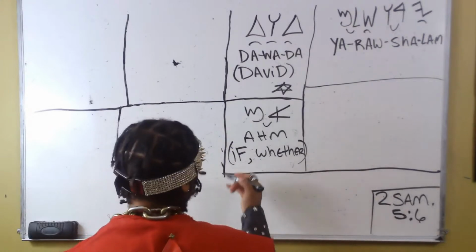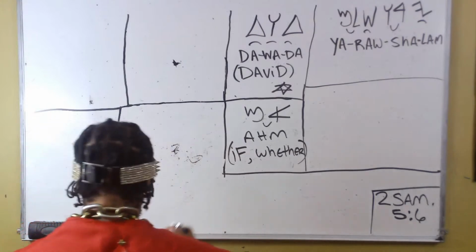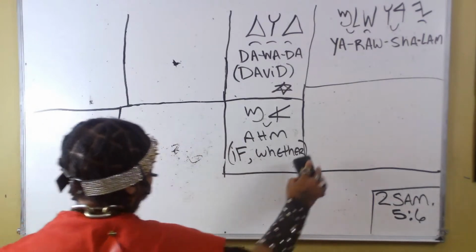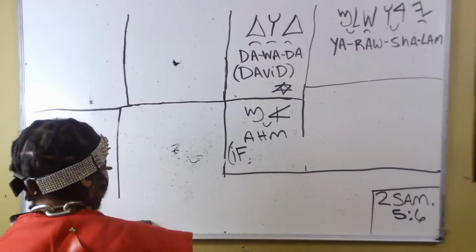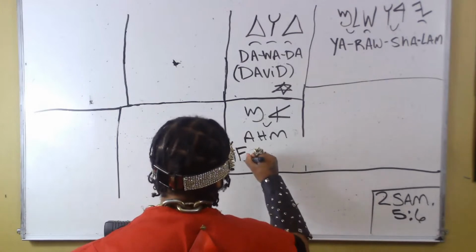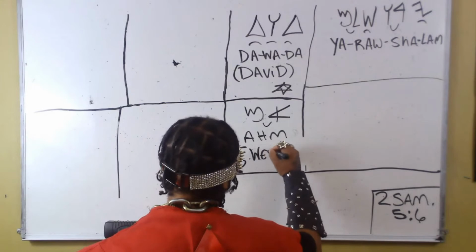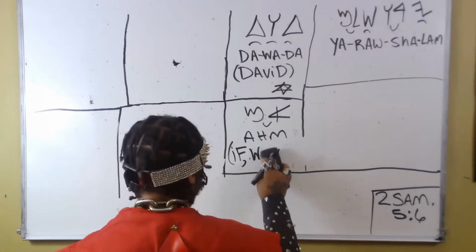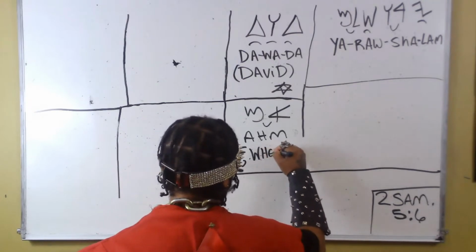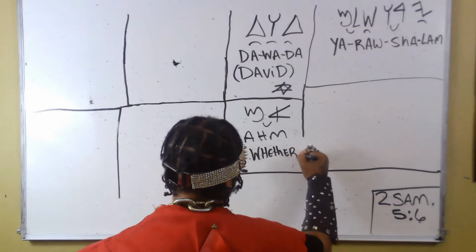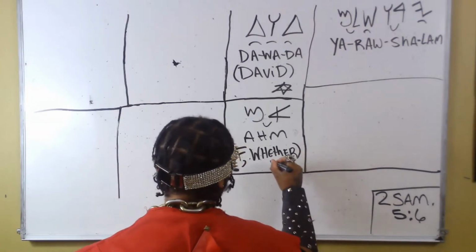If, whether or not, however you want to say it. I don't know if y'all can read my handwriting clearly. I'm going to rewrite the word whether. But that's what it means. If and whether. I believe it's WH. Like whether or not.